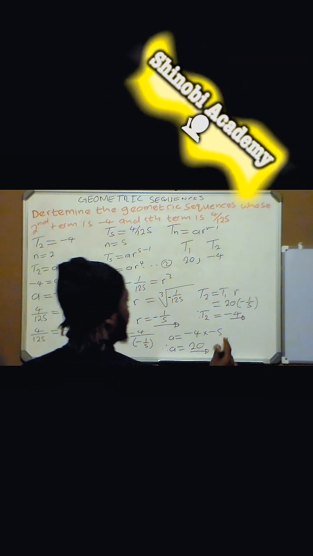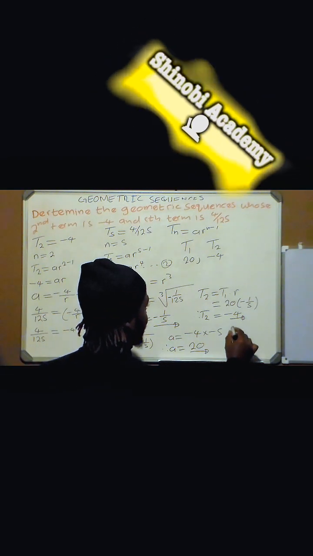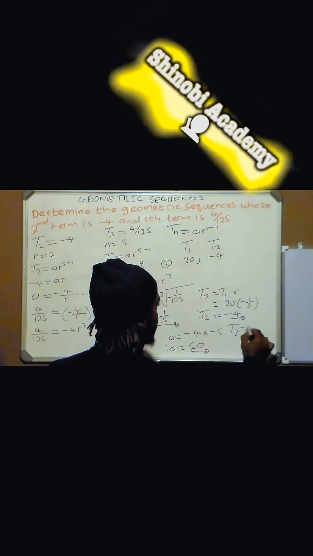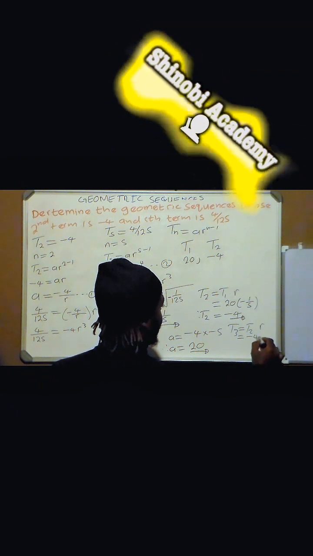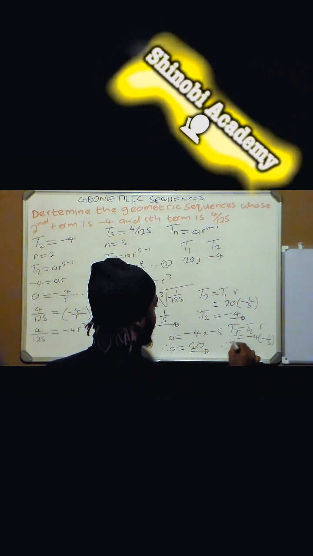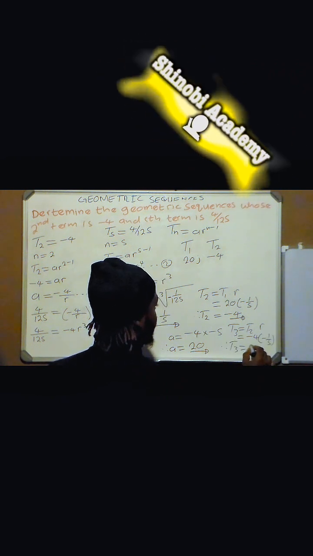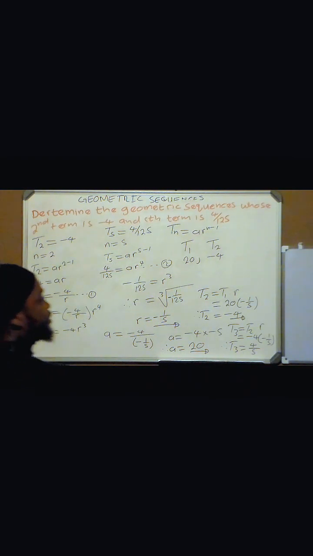And then to find term number 3, T3 will be T2 multiplied by r. T2 is negative 4 multiplied by negative 1 over 5. Therefore, T3 should be equal to 4 over 5 because the negatives cancel each other.